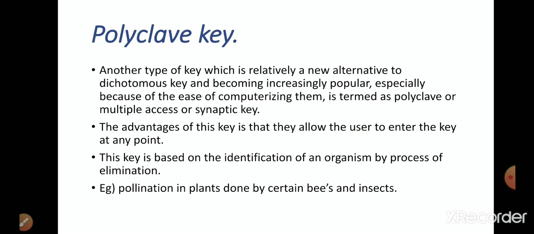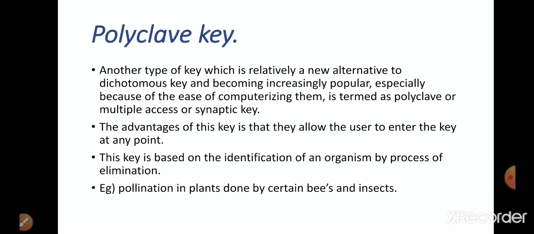This key has a series of characters, so we choose one character and go to the next one. The characters are eliminated, so that the elimination goes narrower and narrower, and we can easily find the organism.